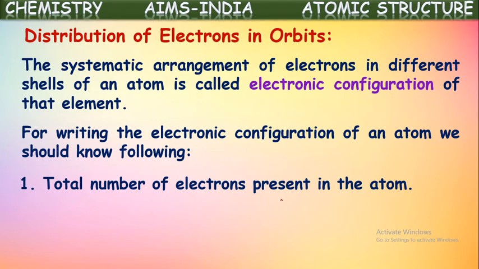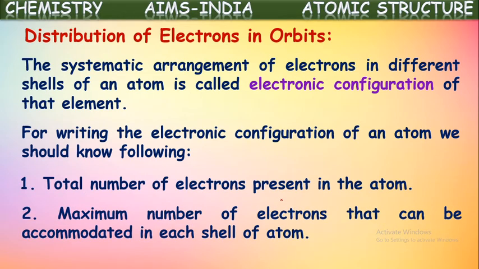If we know the atomic number of an atom, we can say its number of electrons, because the atomic number is equal to the number of protons present in the nucleus, and for a neutral atom it is also equal to the number of electrons.